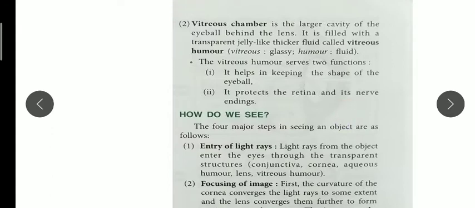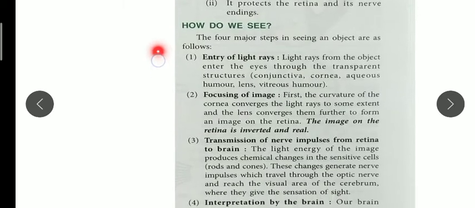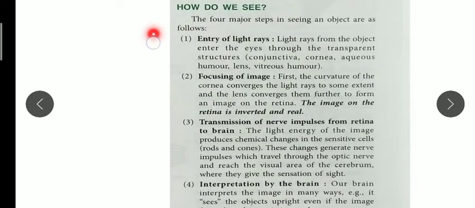So remember these functions. Now children, how do we see? There are four main steps. The first one is entry of light rays. When light from a light source enters our eyes through transparent structures, it passes through the conjunctiva, cornea, aqueous humor, lens, and vitreous humor.